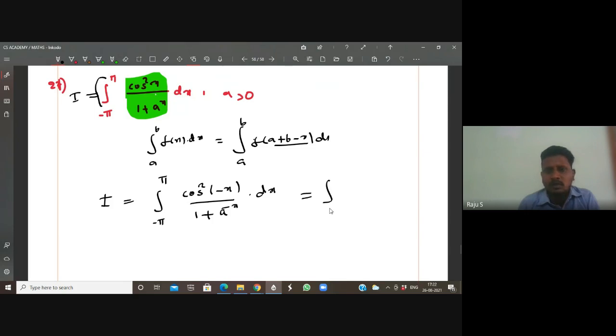This is equal to the integral from minus pi to pi of cos square x, since cos square x alone remains, but the denominator is 1 plus 1 by a power x, dx.